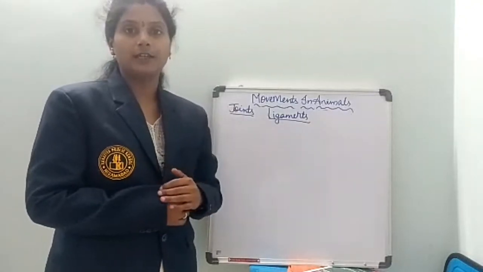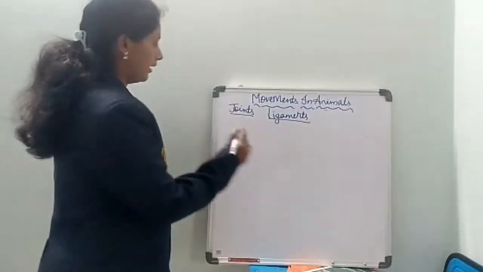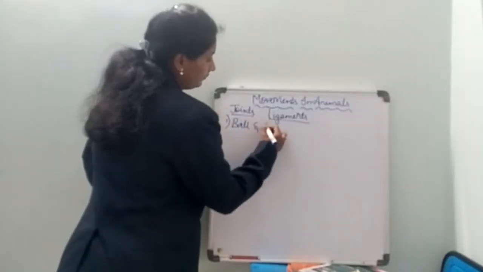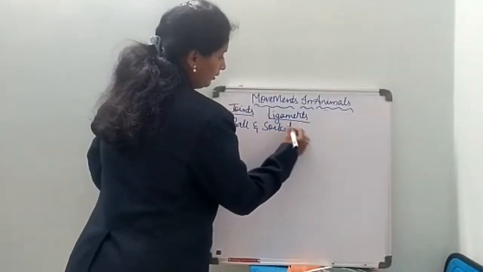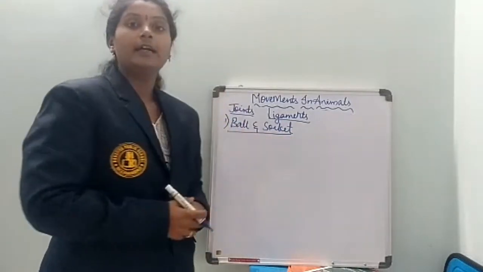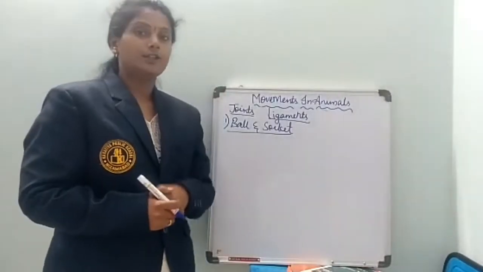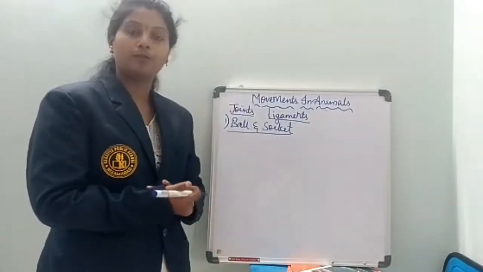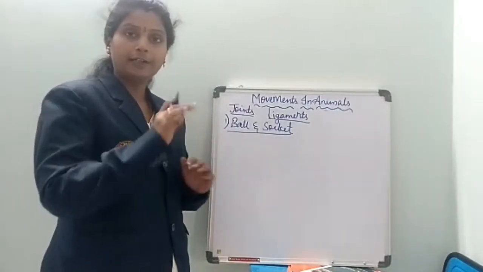Now we are going to see the first type of joint, the ball and socket joint. Generally, in the ball and socket joint, how are the two bones attached, in what manner?